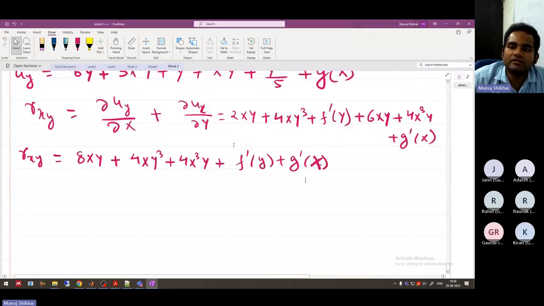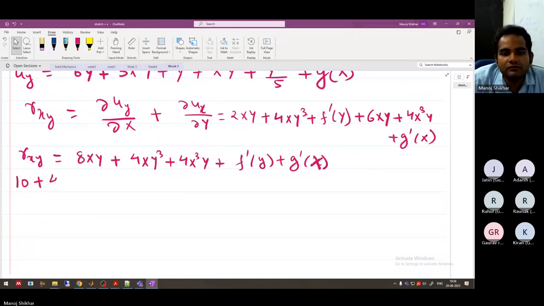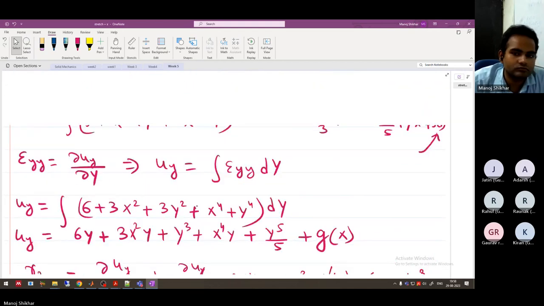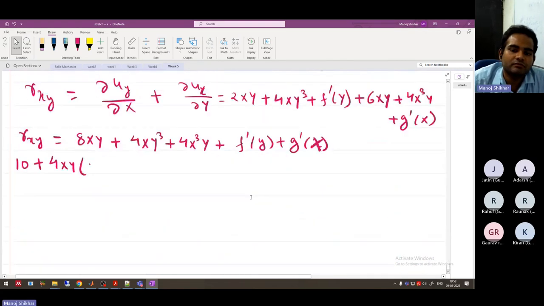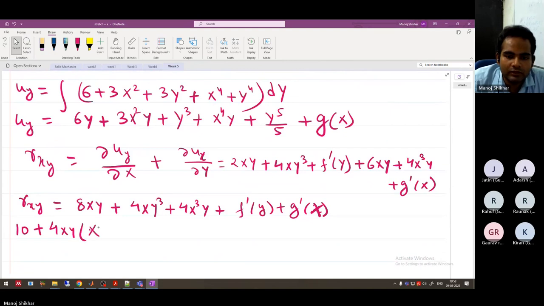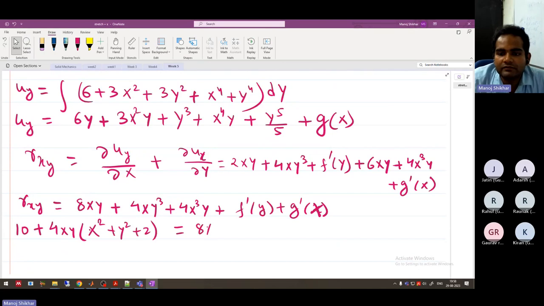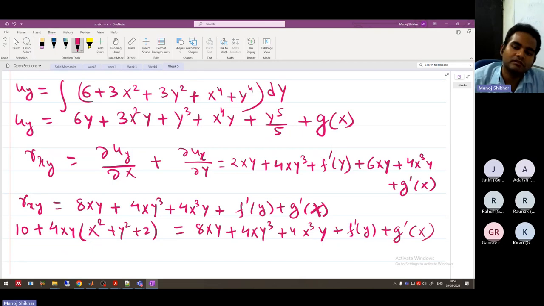So we can equate this: (10 plus 4xy)(x square plus y square plus 2) equal to 8xy plus 4xy cube plus 4x cube y plus f prime y plus g prime x.